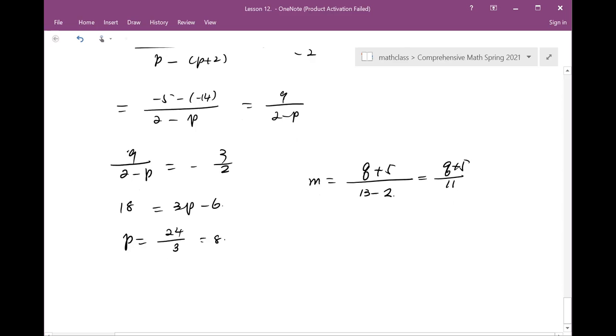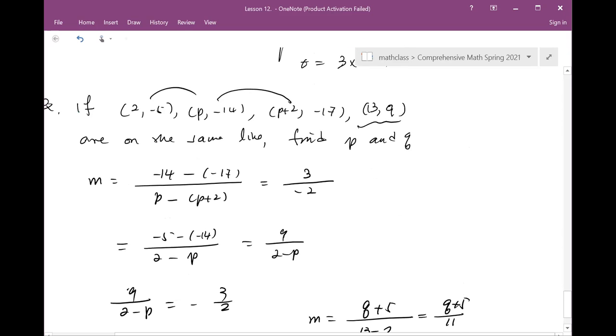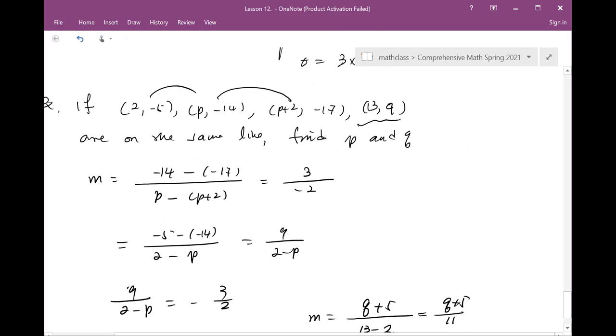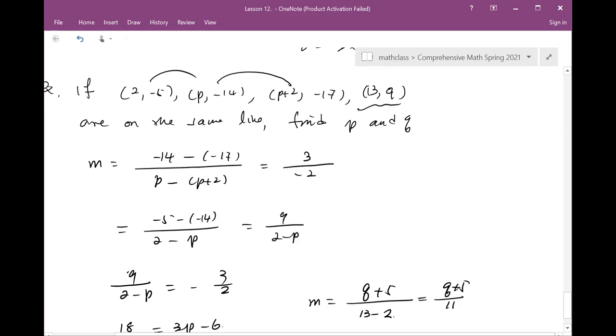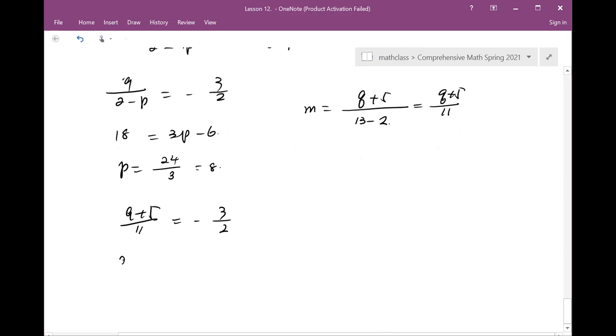Okay, let's double check. Q minus, so, and 13 minus 2. Okay. So Q plus 5 over 11 is negative 3 over 2, and then Q equals negative 3 over 2 times 11 minus 5. Okay, after simplifying, it will be negative 43 over 2.